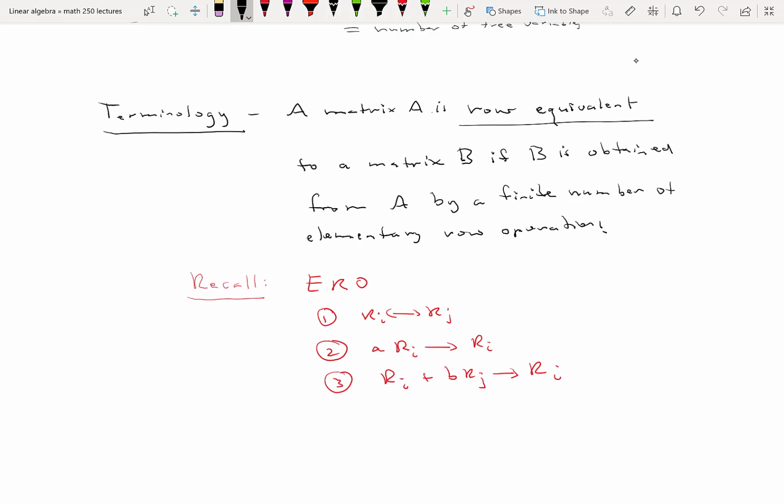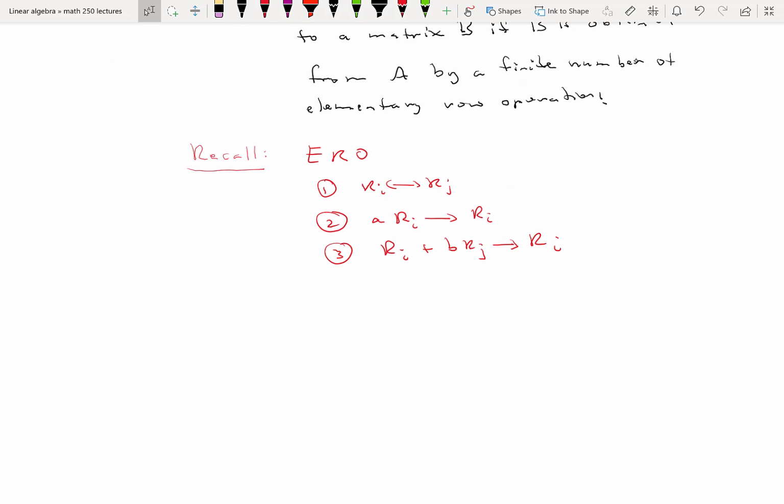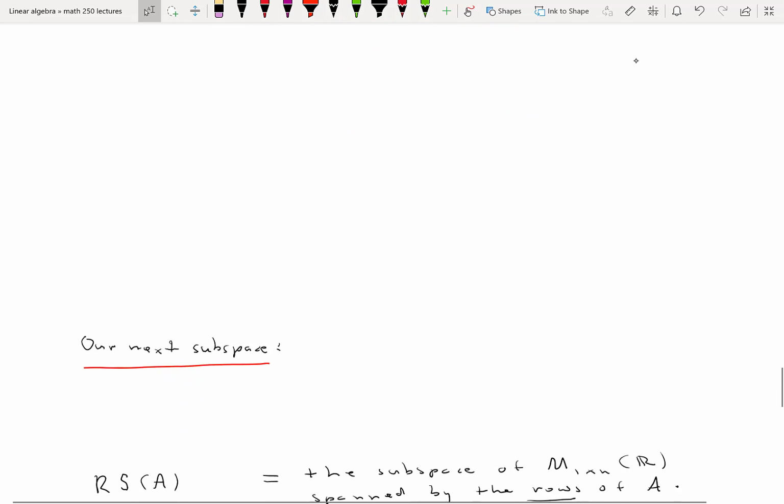We can multiply a row by a constant, that's number 2. And number 3, we can replace a row by the sum of itself and a multiple of another row. So those are the elementary row operations referred to. If you take a matrix A and do 1 or 1,000,000 row operations to it to get another matrix B, the two matrices are called row equivalent, as long as the number of elementary row operations is finite. So let's go dig into our next subspace.